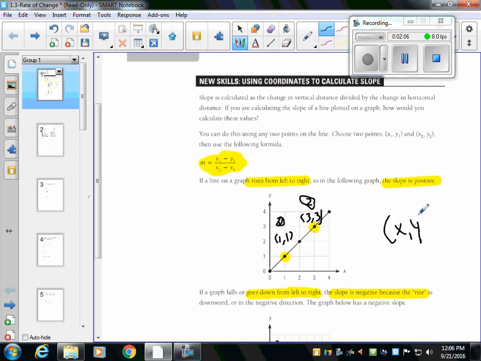So if we filled out this equation, m equals y2. y2 is 3 minus y1 over x2, 3 minus x1, which is the first one in the first point. So we get 3 minus 1 over 3 minus 1, which is just 2 over 2, which is just a slope of 1. Okay.